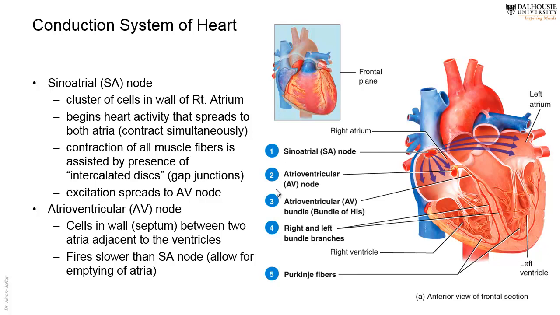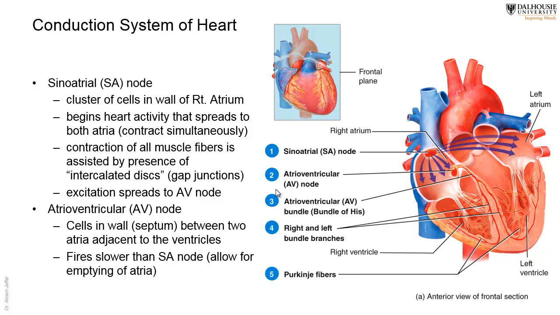And so when the impulses reach the atrioventricular node, it will fire again. Okay? If it doesn't receive impulses from here because of a disease of the heart, which is called heart block, then this atrioventricular node has its own rhythmicity. It can fire, but the rate is much slower than the rate of the SA node.